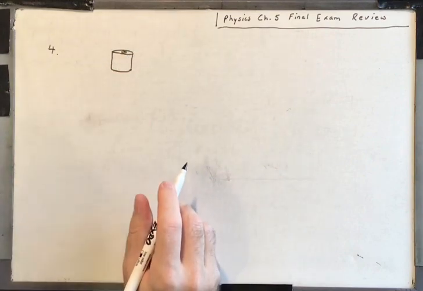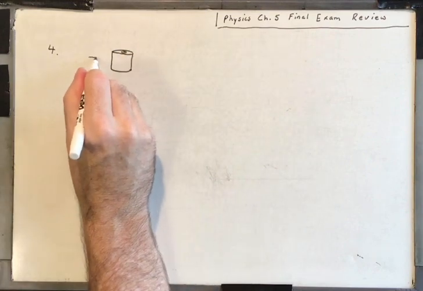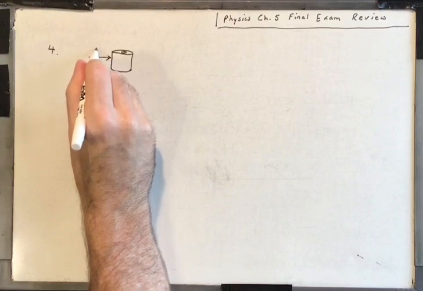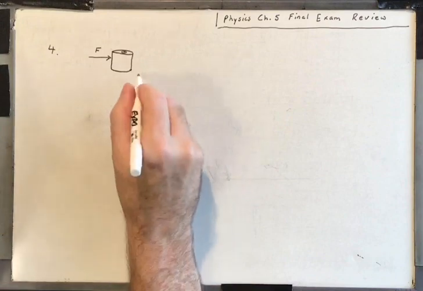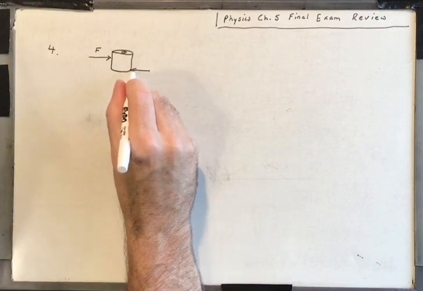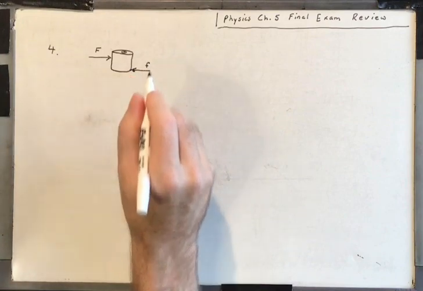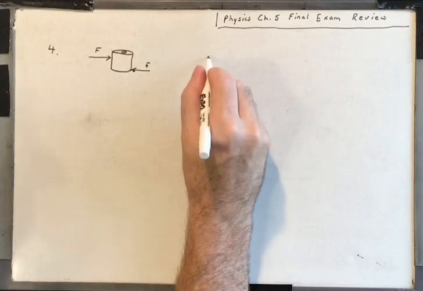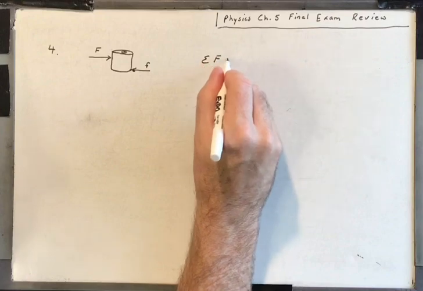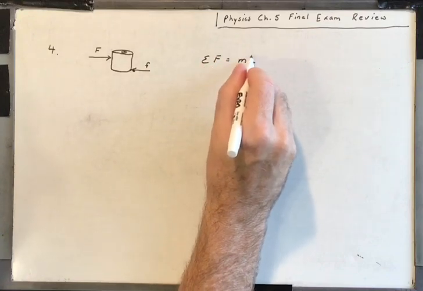All right, roll of toilet paper. We have a force being exerted to push that toilet paper. And we know that friction is opposing us. And we know it needs to move at a constant velocity. So you would have the sum of all the forces is equal to mass times acceleration.